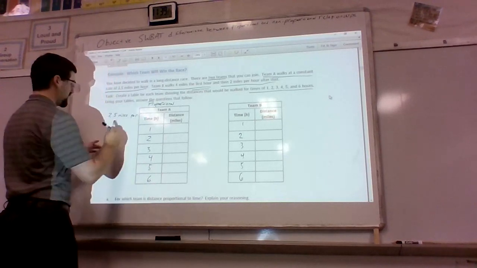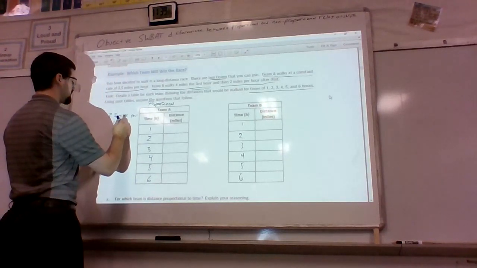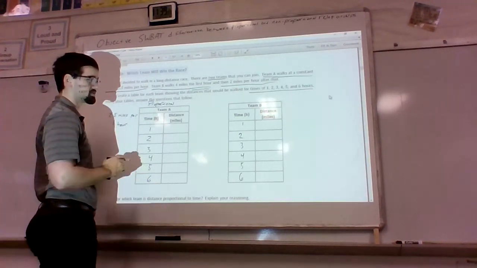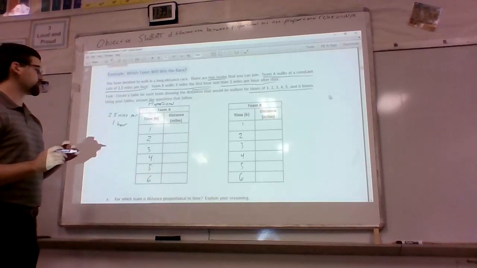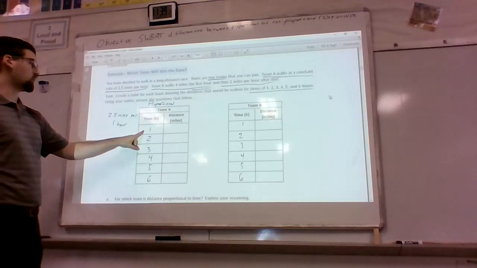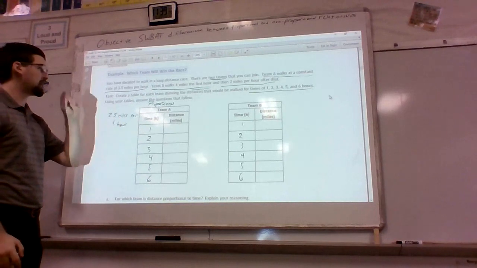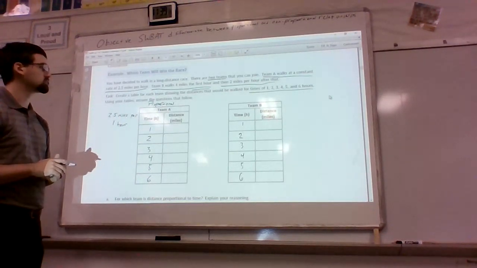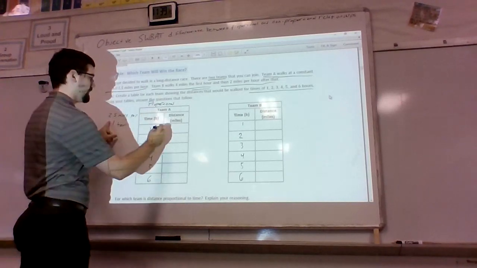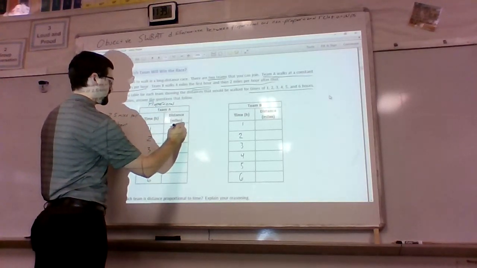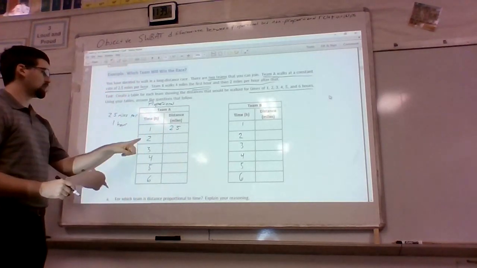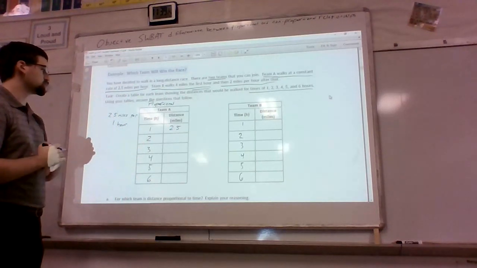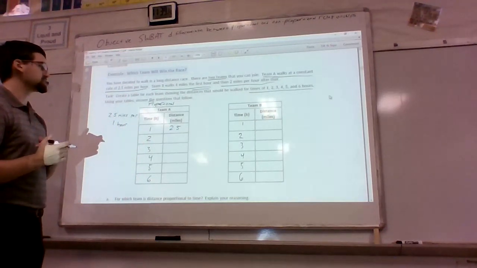That's why we use pencils. 2.5 miles for every 1 hour. So if we've gone 1 hour, how many miles should we have traveled? 2.5, right? Now, if we've gone 2 hours, how many miles?